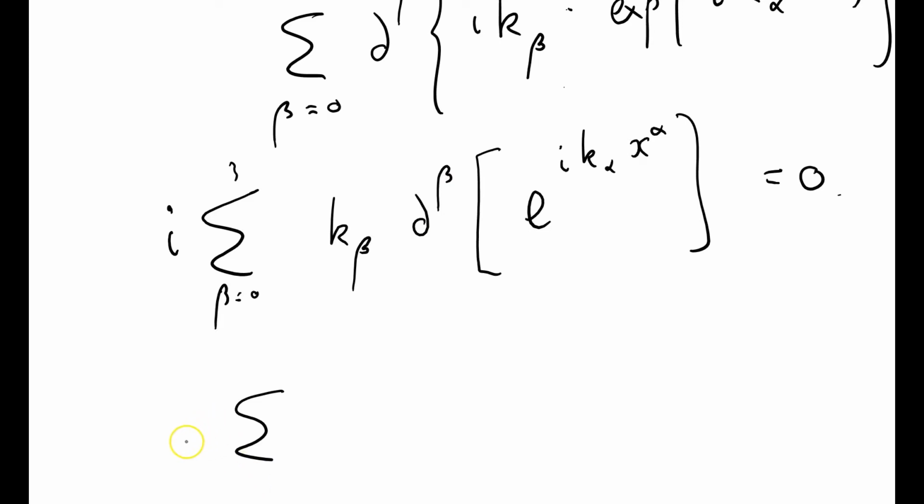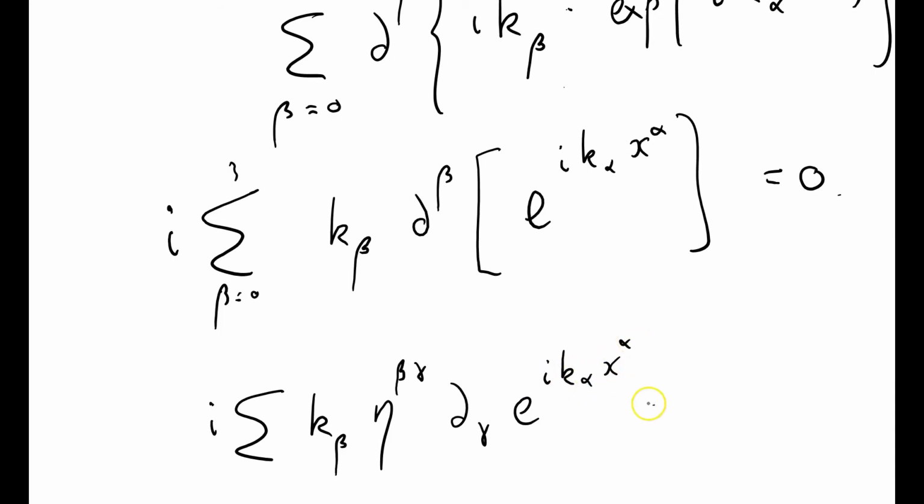So we've got this i here. We've got k beta down there. We've got eta because I'm only considering linear approximations. That beta is there, that gamma is there, d gamma e to the i k alpha x alpha equals 0.